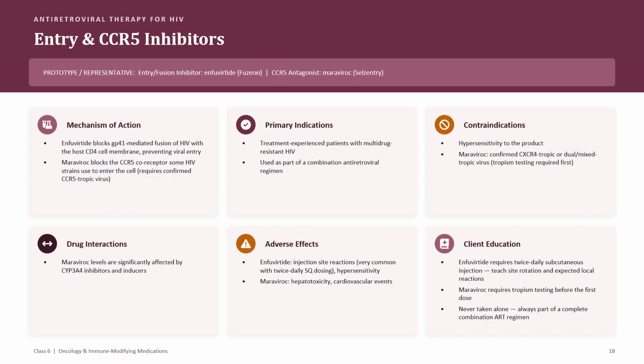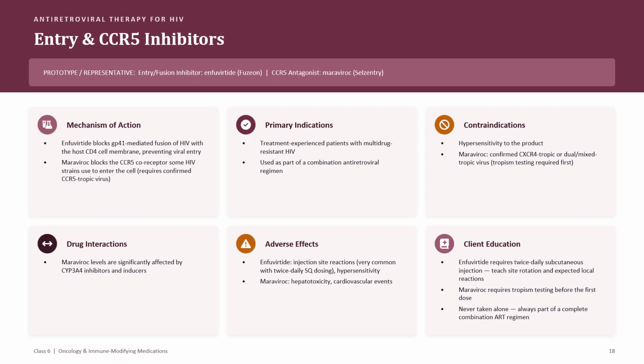So tropism testing is usually required before Maraviroc is started, to confirm that the patient's virus is actually using that specific entry point. Skipping that test prior to starting that medication, you might be giving a medication that has nothing to block because the virus isn't using that pathway to get inside.